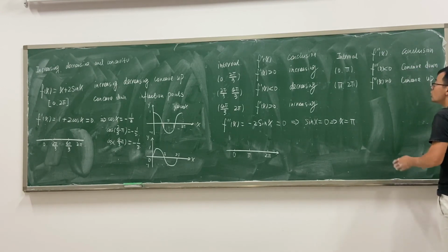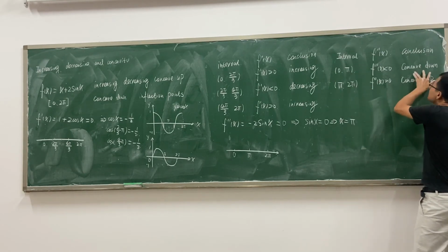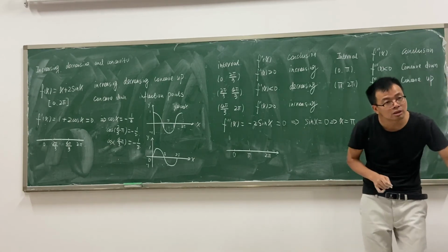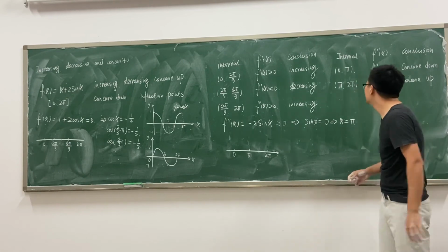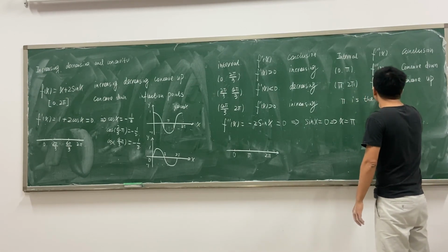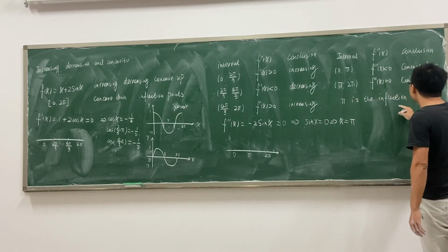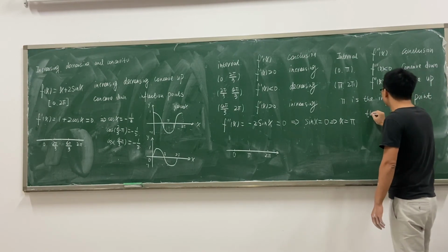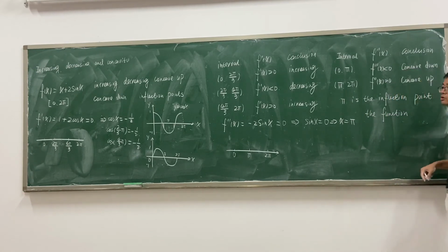So we can see on the left of pi it is concave down, and on the right of pi it is concave up. So pi is what? Pi is the inflection point of the function. Okay? So this is the answer.